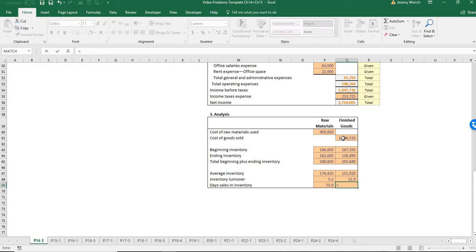And so we want our days. Oops, that's backwards. There we go. And so the days sales in inventory. Basically what that means is in our ending inventory of finished goods, we have enough to last us for 25 days.